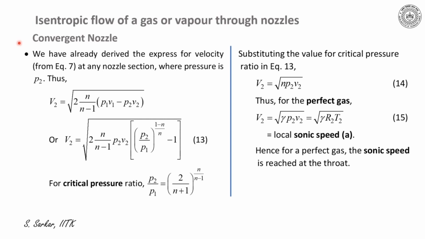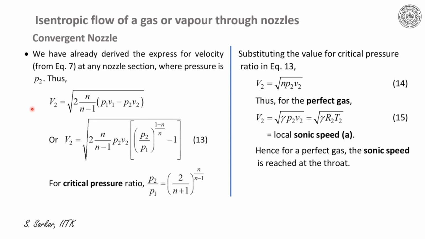Here I'll derive that for a perfect gas, the sonic speed is reached at the throat. I have already shown you the expression for velocity at any section of the nozzle where pressure is P2.